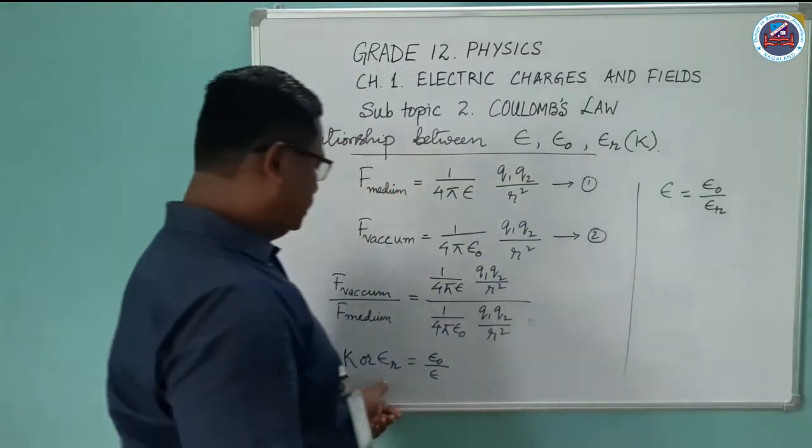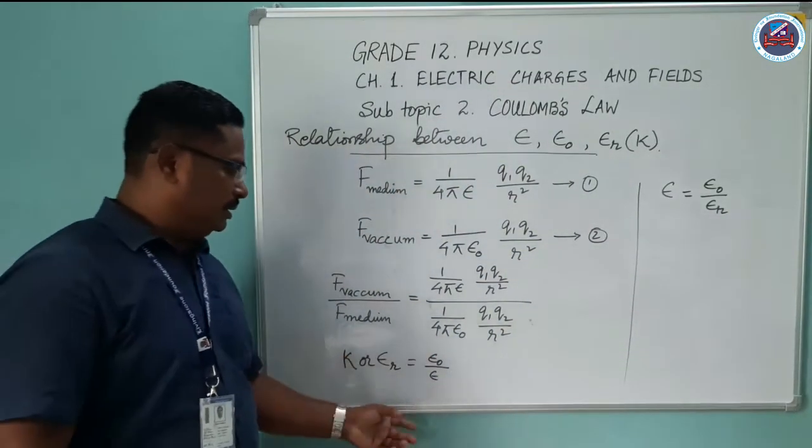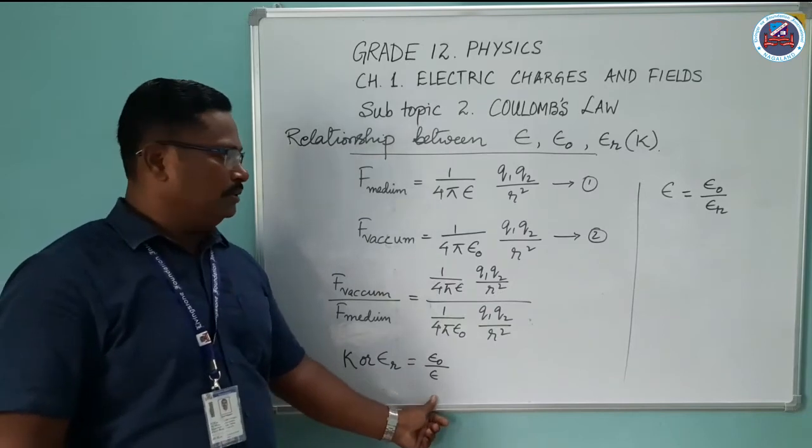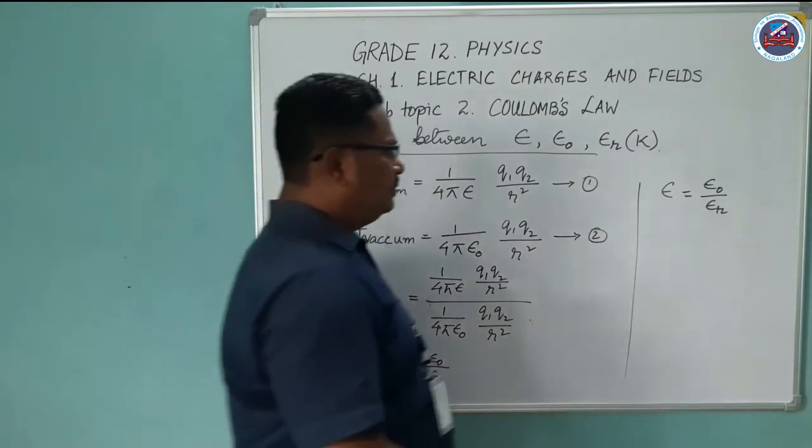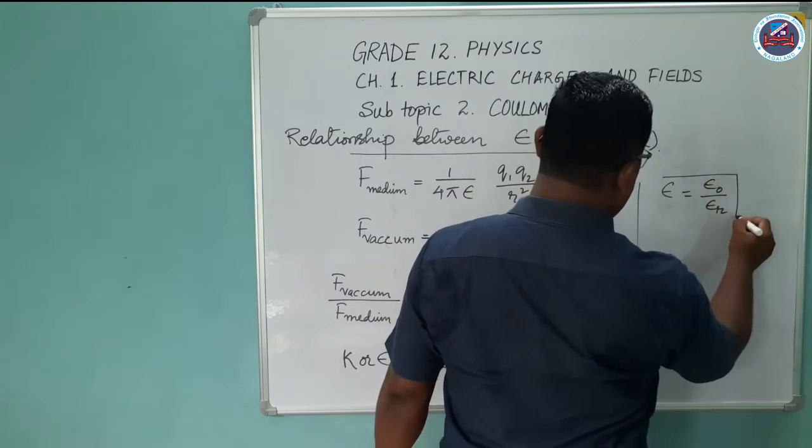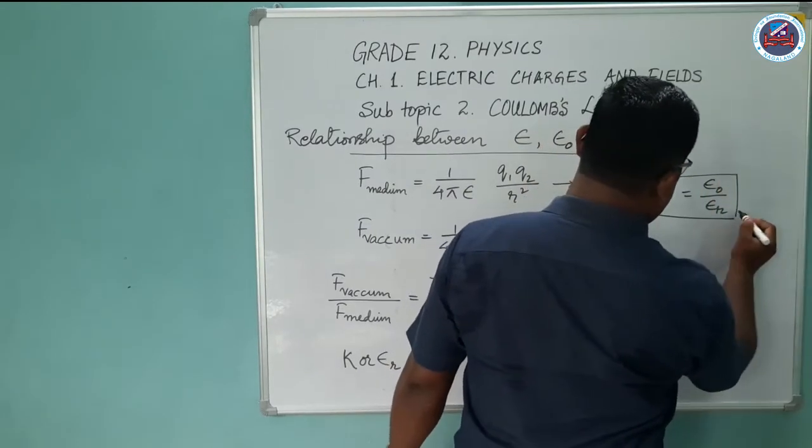Or relative permittivity is equal to permittivity in free space divided by absolute permittivity in the medium. This gives us the relationship within the three physical quantities.